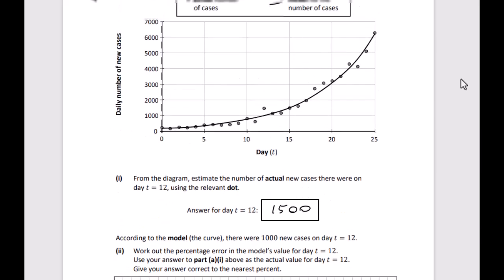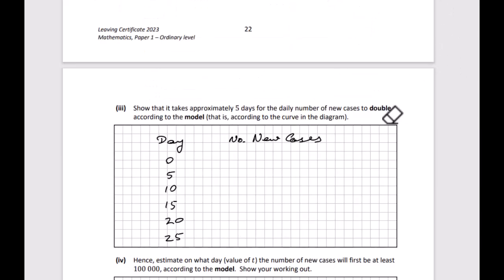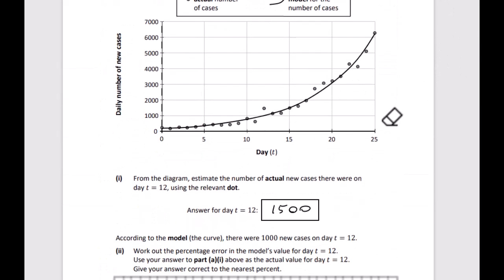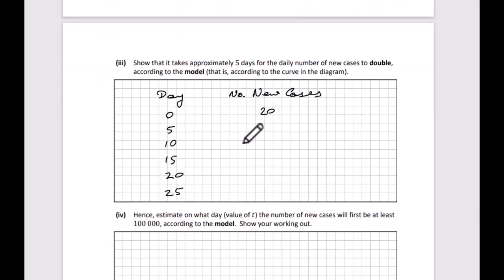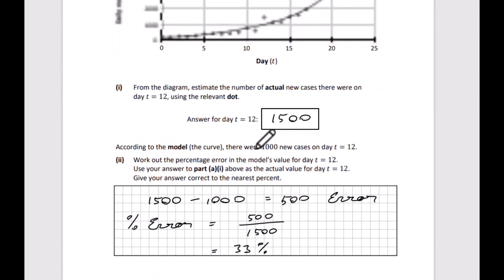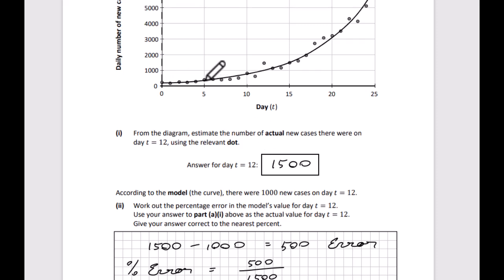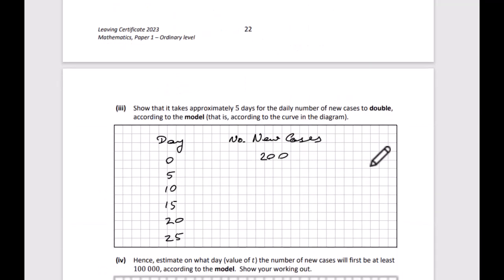That's the line. So if we take day 0, which is here, I'm going to say 2, 4, 6, I'm going to say 200 here for day 0. Day 5 then, according to the curve, looks to me about just less than halfway, so I'm going to say 400.